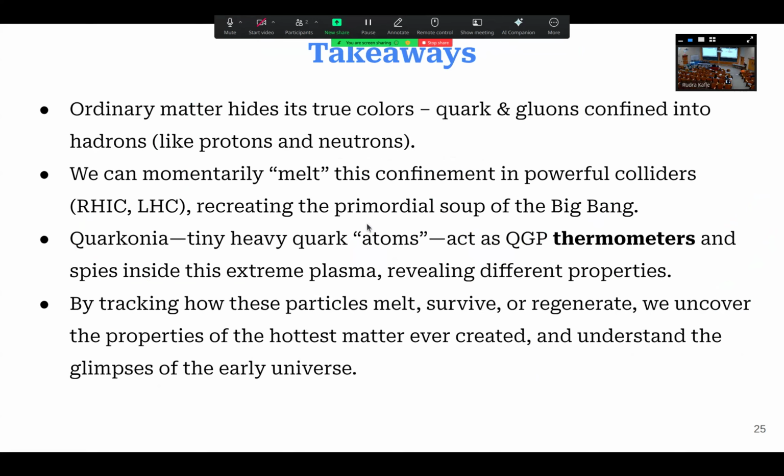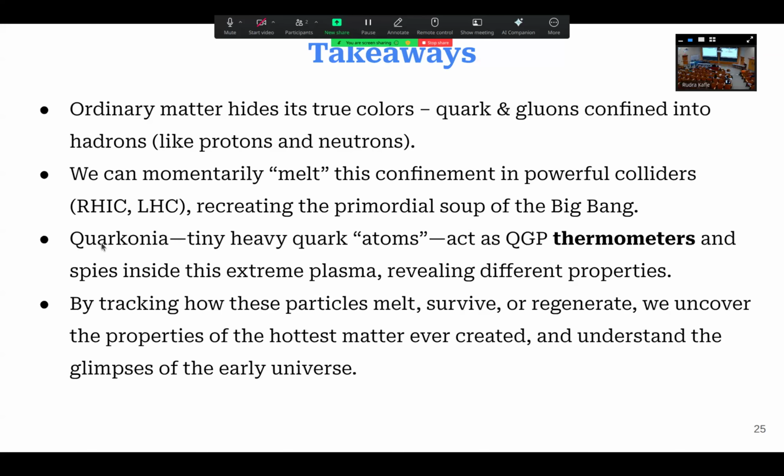So with that, I'll conclude the talk. So ordinary matter hides its true colors, right? Color means the color quantum number that quarks and gluons have. And quarks and gluons are always confined into hadrons to form colorless, color neutral particles. But if you really provide extreme conditions, then this matter can melt into the primordial soup that formed shortly after the Big Bang.